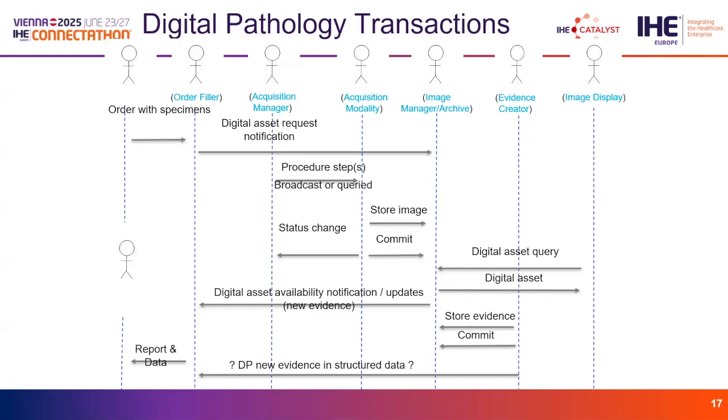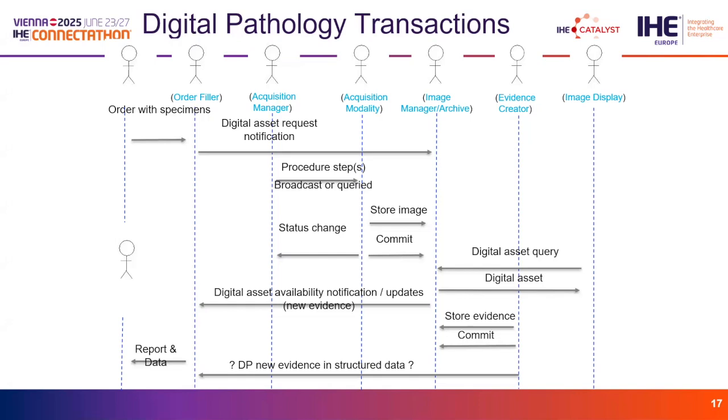Of course, we want to be able to do things with that image, in which case we might display the image using the image display actor, or we might create new evidence from that image, perhaps quantitative results, qualitative classifications, or generating new image annotations or new whole slide images from the original digital asset.